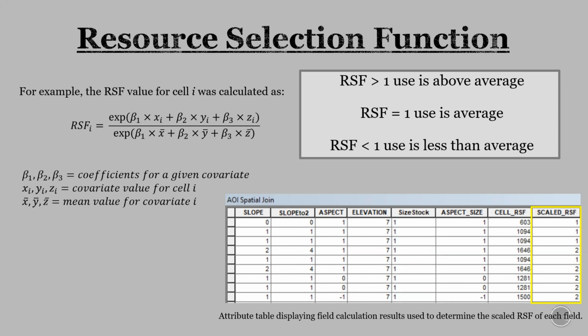And I used those with the equation shown to reach a scaled RSF value for each cell. So any RSF that was 1 is an area that's used on an average basis. If it's 0 or less than 1, then it's less than average. And if it was above 1, it's used more than average. So each of our 30 by 30 cells in the entire study area received one of those RSF values.